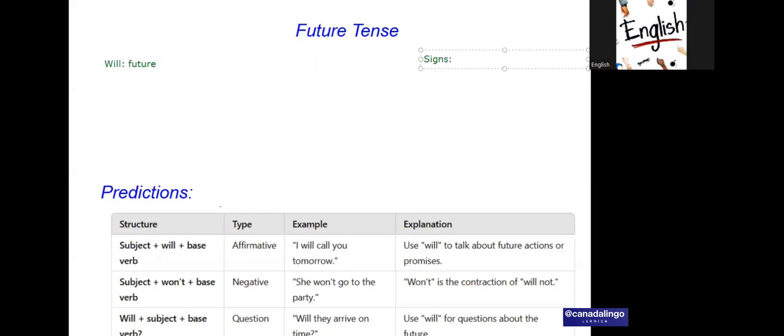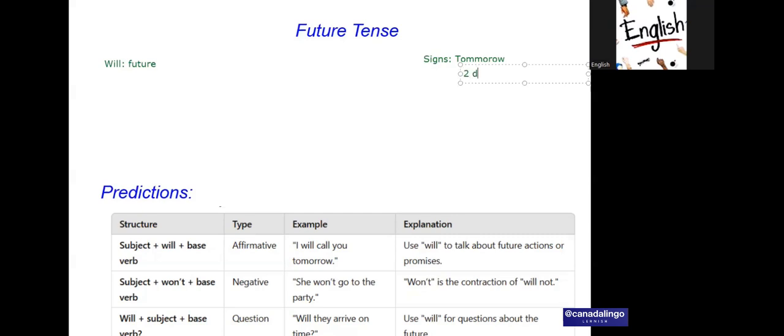Like for past we use yesterday, last week or 2 days ago. For present we use always, every day, every morning. But for future, the most important and well-known sign is tomorrow. Then we have later.